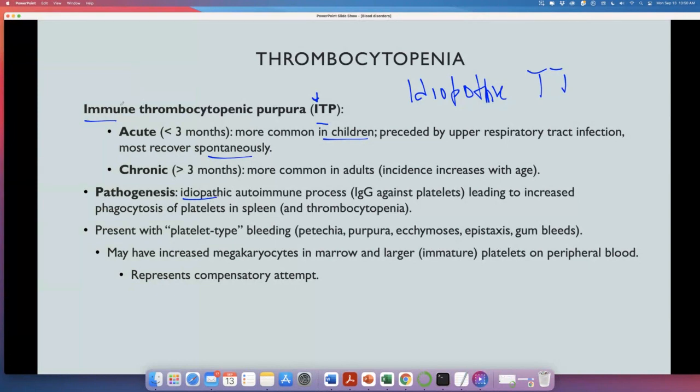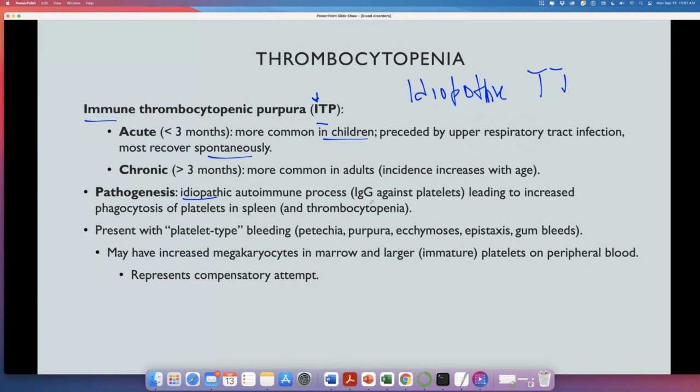Notice that now the name is not idiopathic, but the pathogenesis includes the name idiopathic because we don't know the ultimate cause of this. Okay, in the case of children, if they had the upper respiratory infection, we suspect that there is an autoimmune reaction against the virus, for example, and these antibodies got confused and started attacking our platelets. But in the case of adults, normally we don't find what is the triggering event.